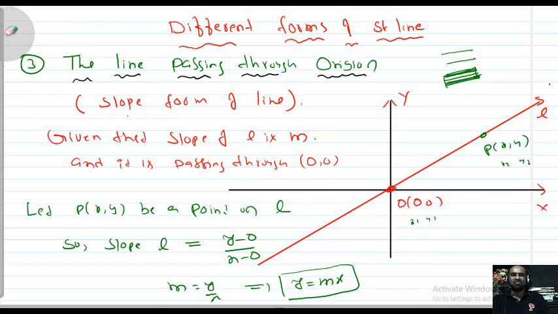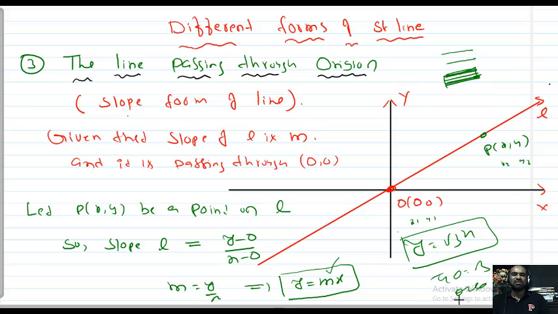Sometimes they will ask, y equals root 3 x, what is the slope of the straight line? Simply you can say that the slope is root 3. This is in the form y equals mx only. m stands for slope. That's why root 3 is called the slope. Sometimes they will ask what is the inclination of this line. The slope is root 3, which means tan theta is root 3 only, so theta is 60 degrees. What is the meaning of that?